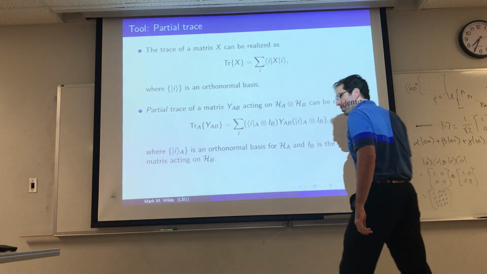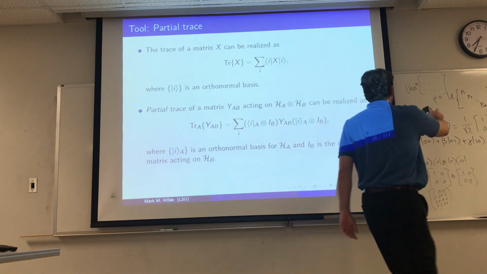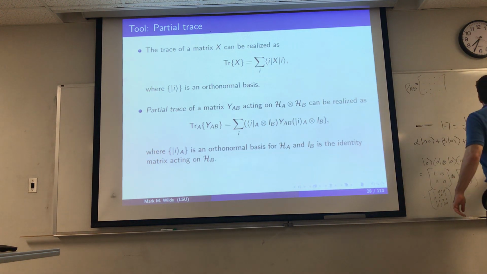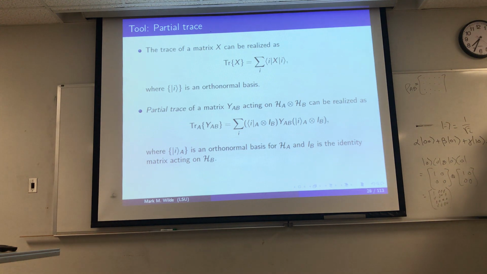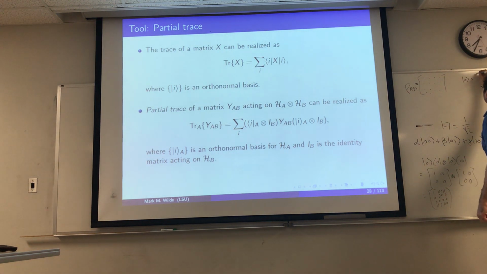For example, for qubits, mathematically, I think it's important to write out. So I could pick 0 and 1.